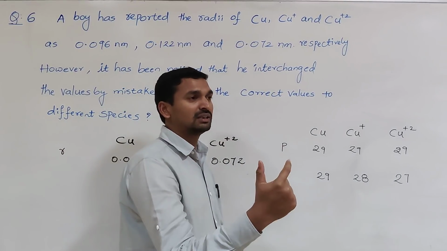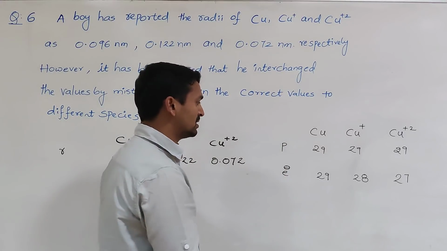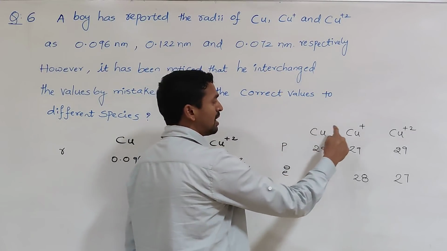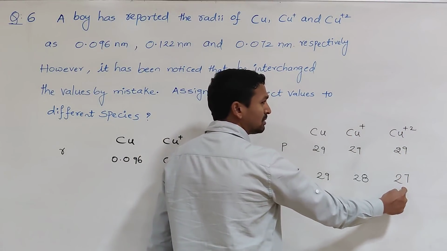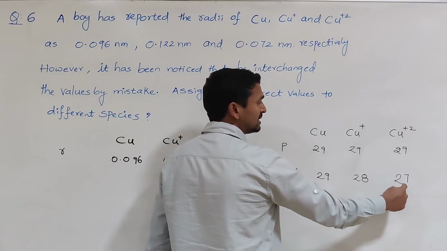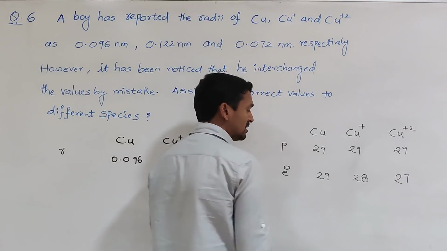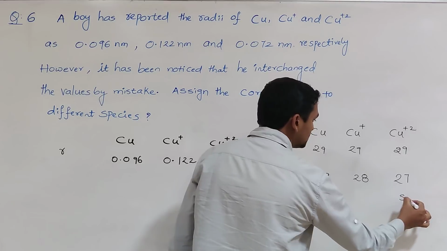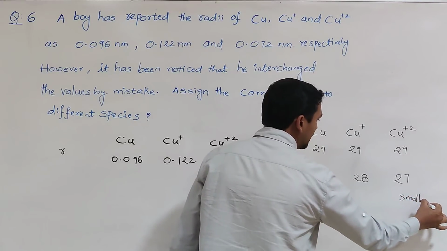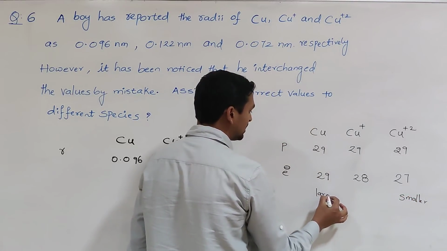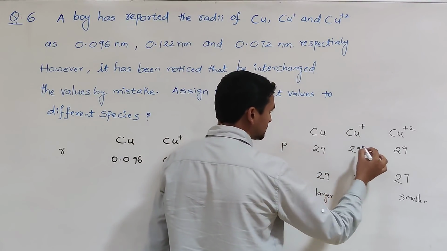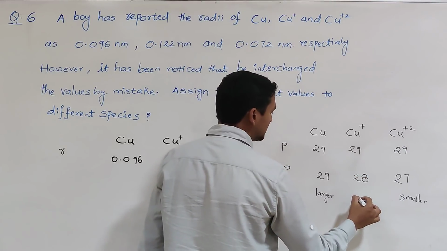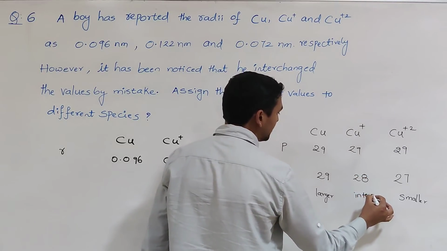Decreasing the distance is nothing but the radius decreasing. So as we move from copper to copper plus to copper plus 2, the effective nuclear charge increases and the distance decreases. That means copper plus 2 is smaller in size and copper is larger in size. And in between copper and copper plus 2, copper plus is intermediate in size.